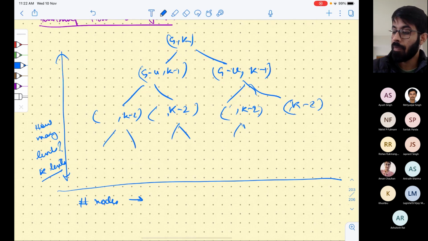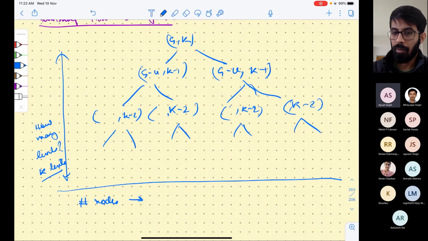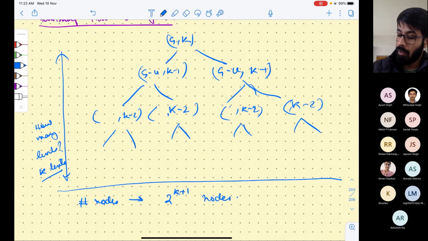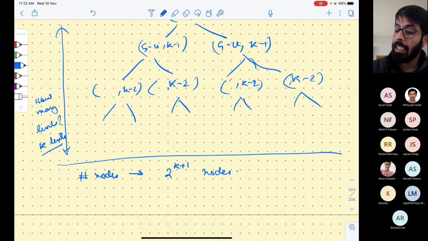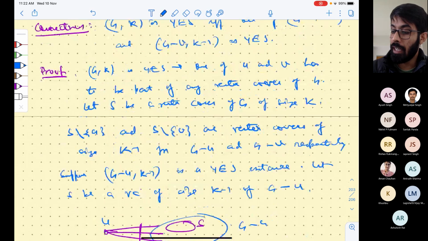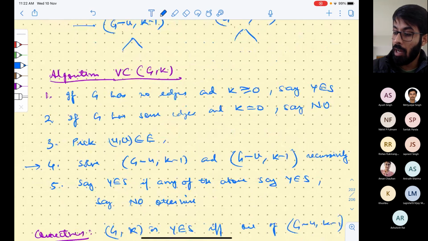In this tree? 2 to the power k plus 1 nodes, right. And at each node, how much time are we taking? We are just picking an edge, right? We are performing this and we are just picking an edge.